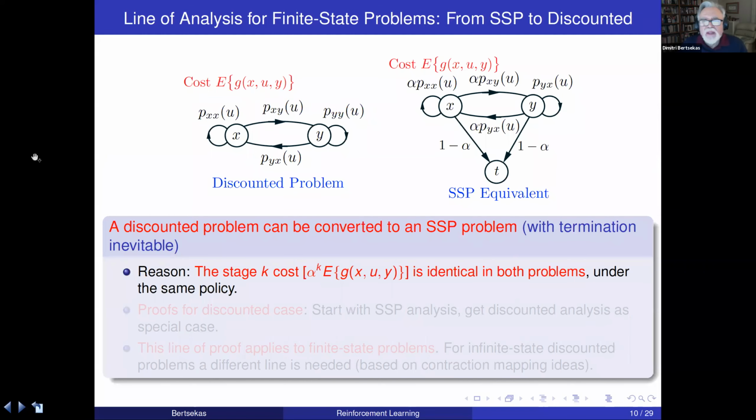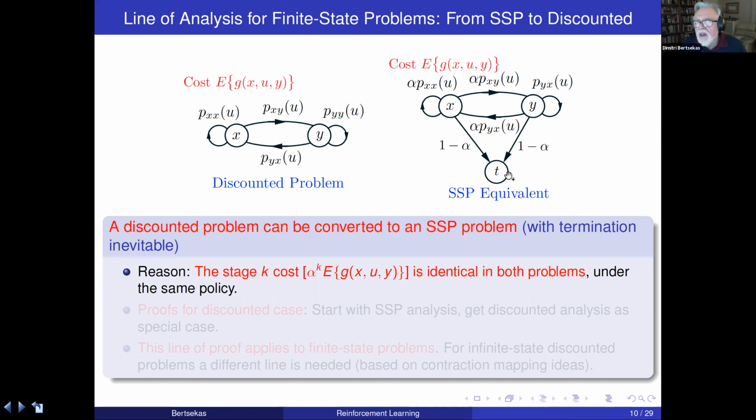Here's the line of analysis. The idea is that SSP problems are easy to analyze and easy to understand, and discounted problems may be a little bit harder, but discounted problems can actually be transformed into SSP problems.